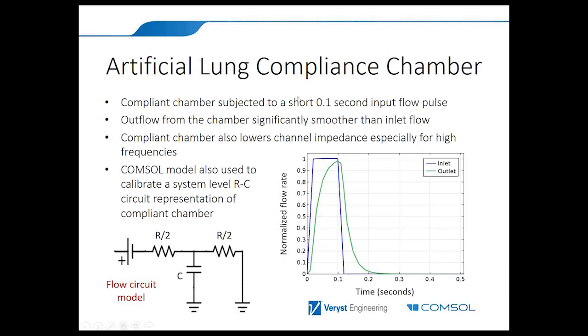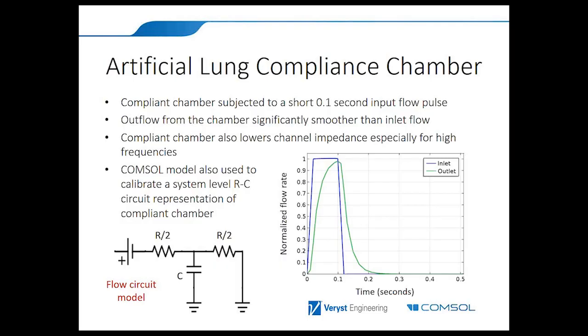Also the compliance of the system is lower, especially at high frequencies. This was done with COMSOL, but if you want to put this compliance chamber in a system level model, it's typically done through an RC circuit type representation, where basically a resistor and a capacitor represent that compliance chamber. We use COMSOL to get these parameters, which you can then use in a system model.